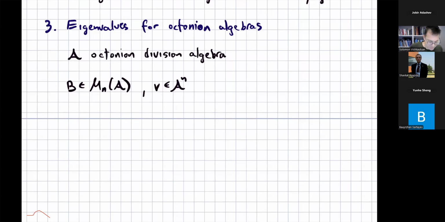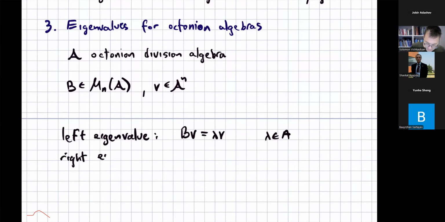So we have left eigenvalues, it happens when Bv equals lambda v for some lambda in A, and the right eigenvalue.